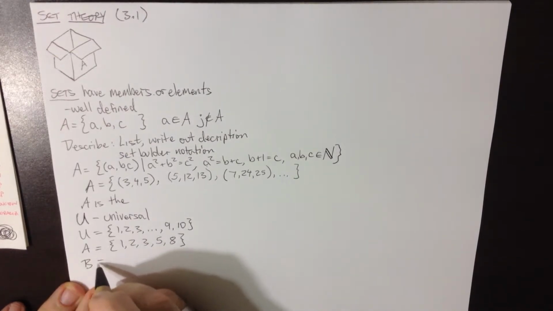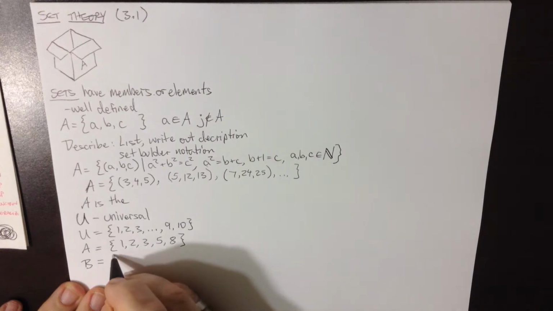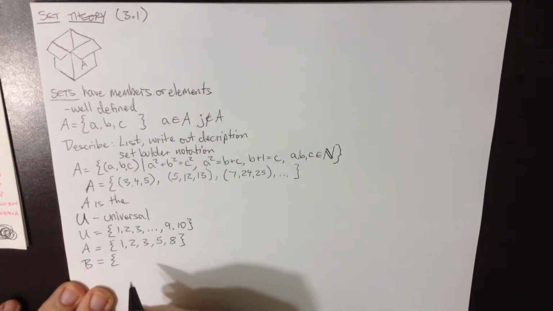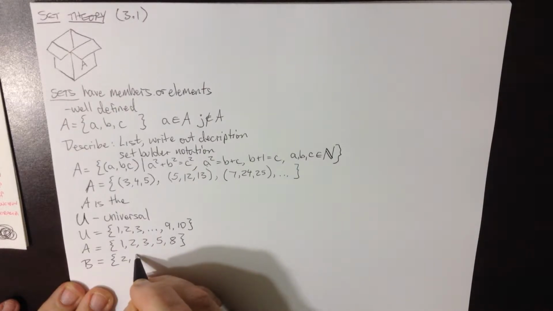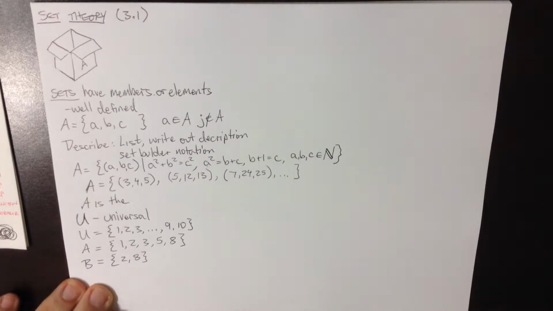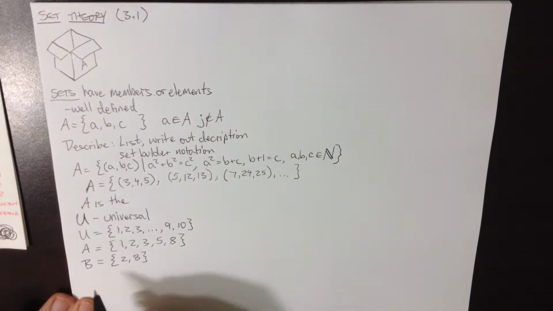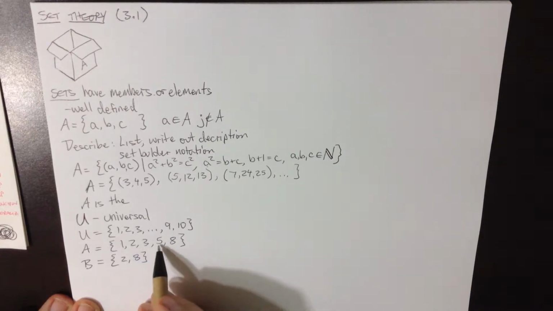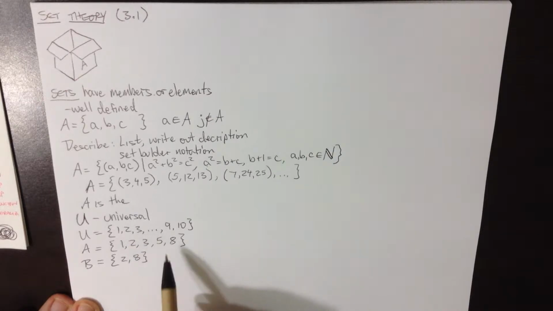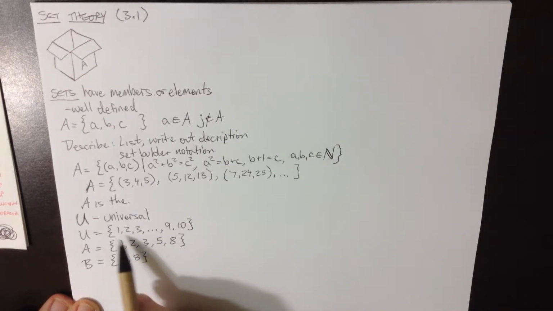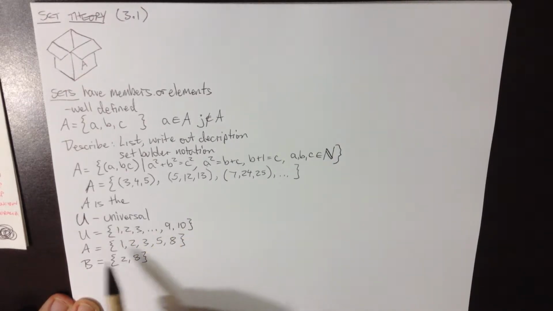And let's say B is just 2 and 8. Okay? Now obviously, with A being 1, 2, 3, 5, 8, each one of the elements in A is a part of this universal set.